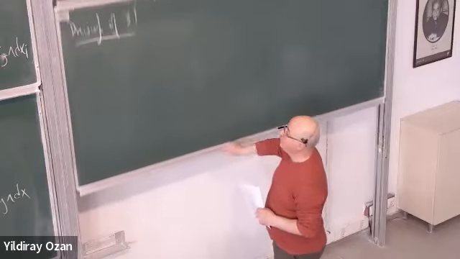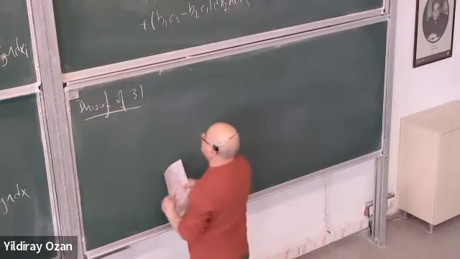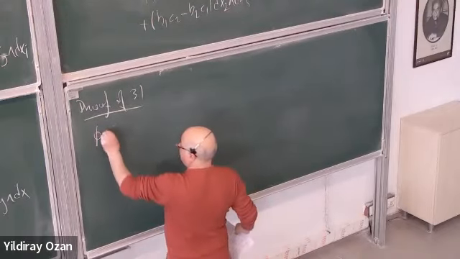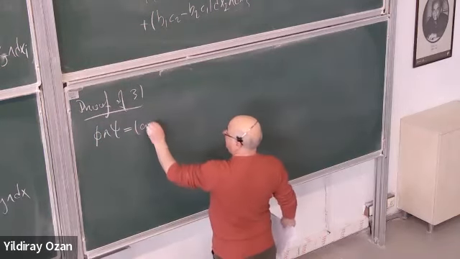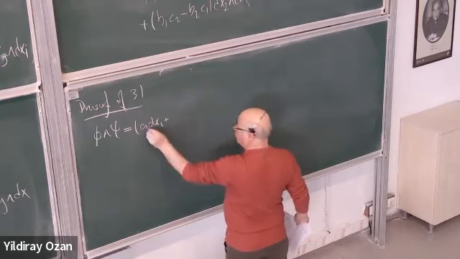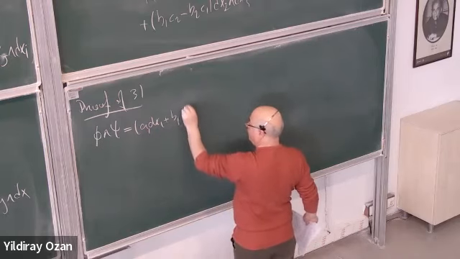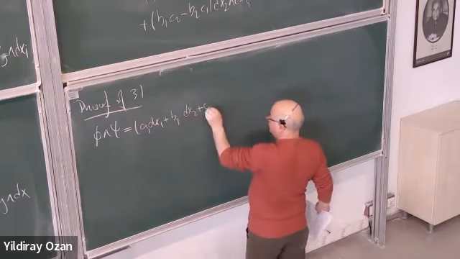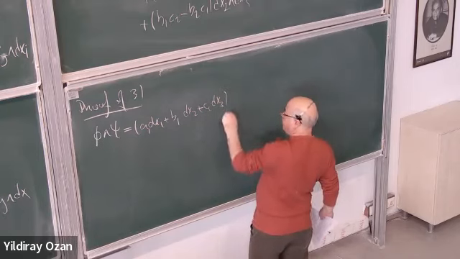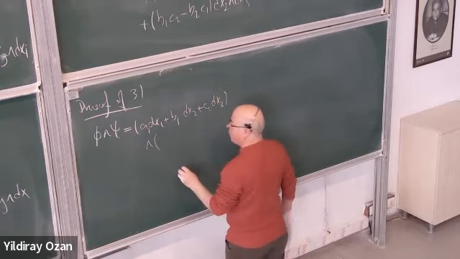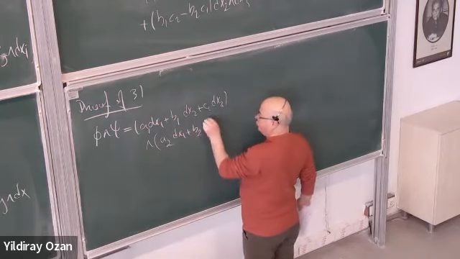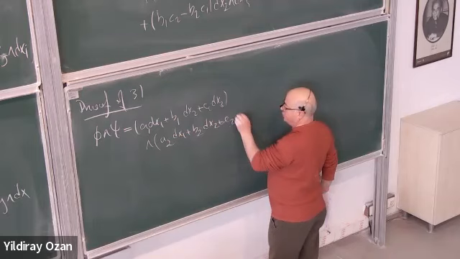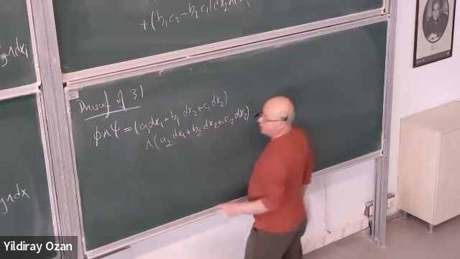Okay, let's see this. So it is just a1 dx1 plus b1 dx2 plus c1 dx3, which times a2 dx1 plus b2 dx2 plus c2 dx3.